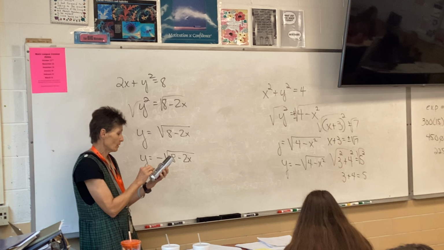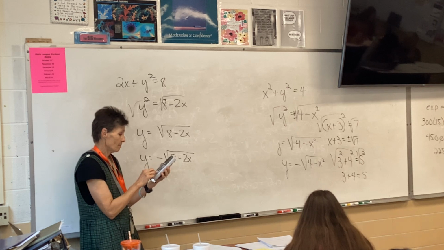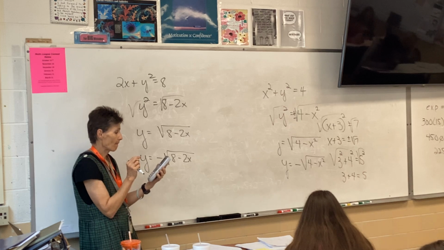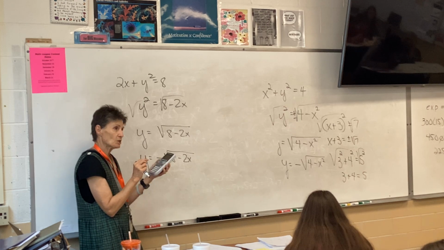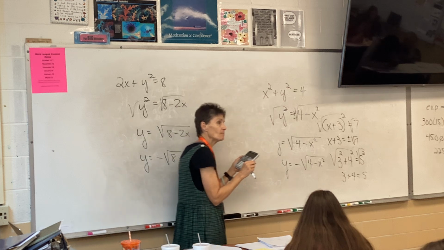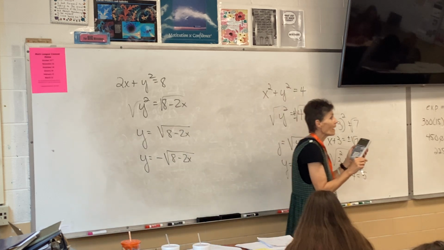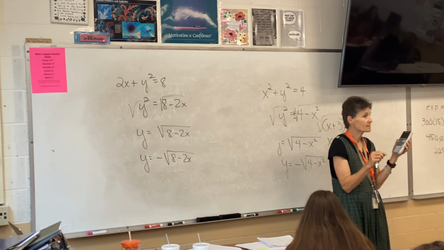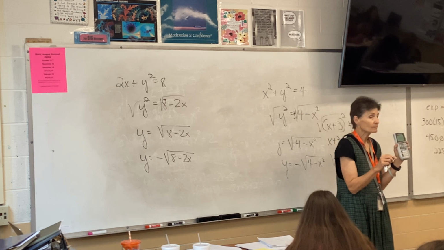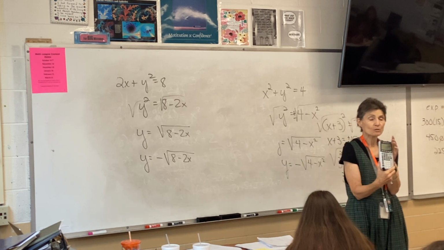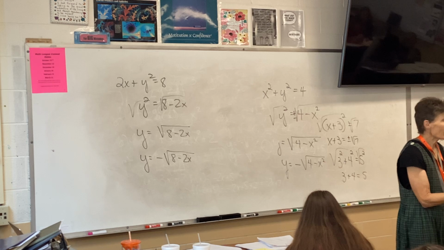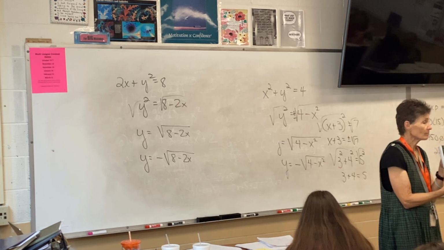So negative square root of 8 minus 2x. What shape did you get this time? You got a parabola, but it is sideways. So when you look at that on your screen, kids, that is not a function, is it?